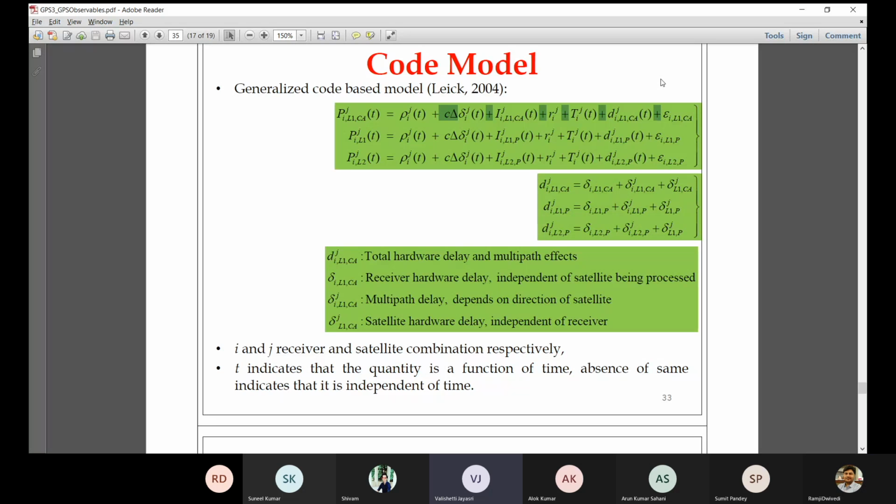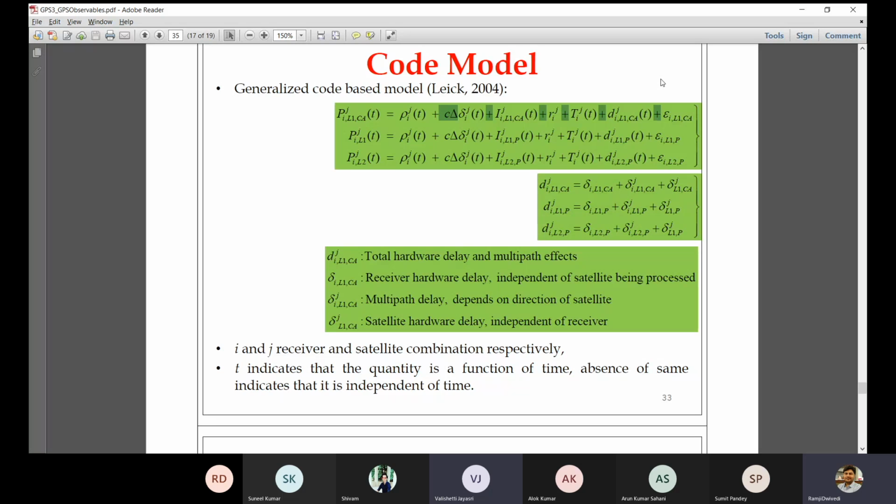Just observe it. Similar to the second equation, it is the pseudo range between the ith receiver and jth satellite for the P code modulated on L1.